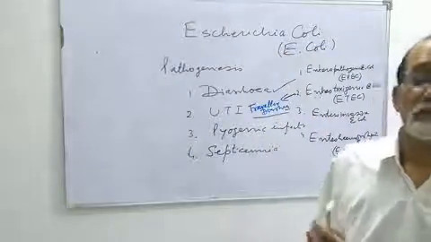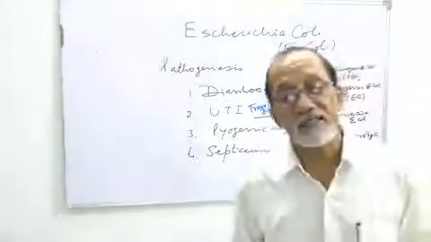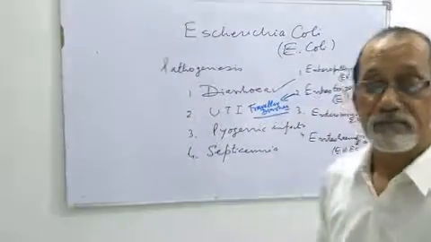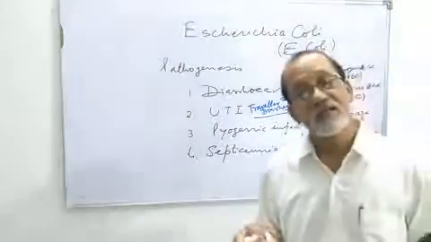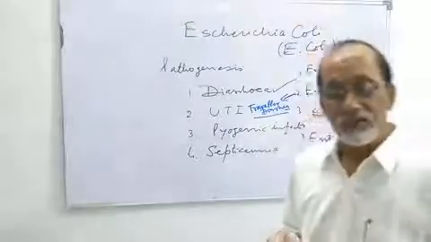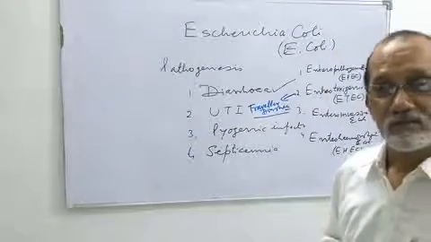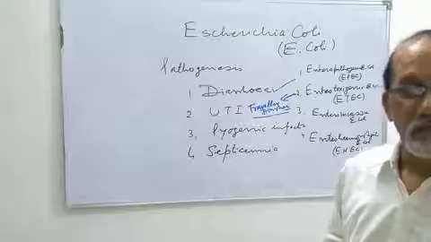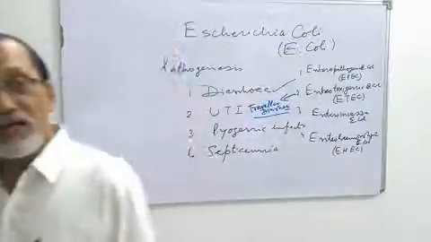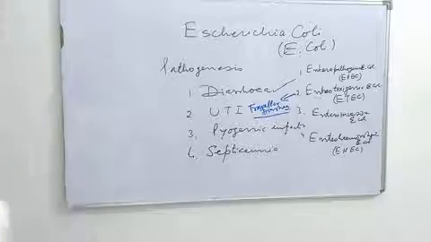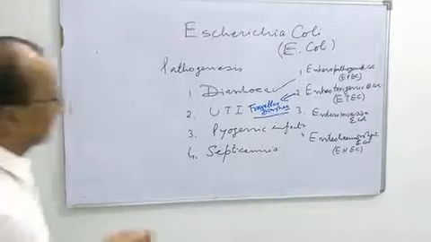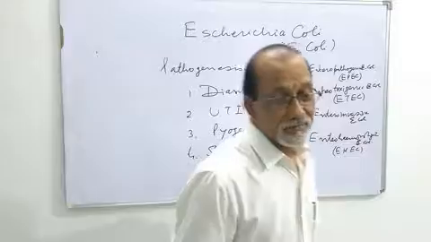One is hemorrhagic colitis and second is hemolytic uremic syndrome. And the toxin responsible for this problem is known as verotoxin, because it has effect on vero cells that are produced in culture.